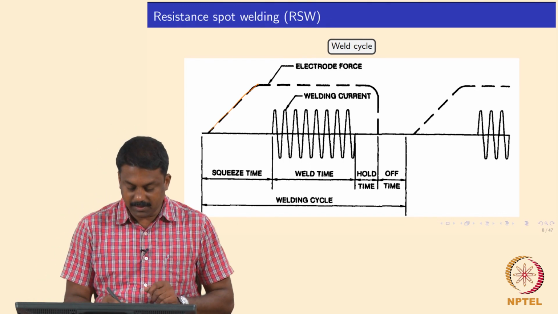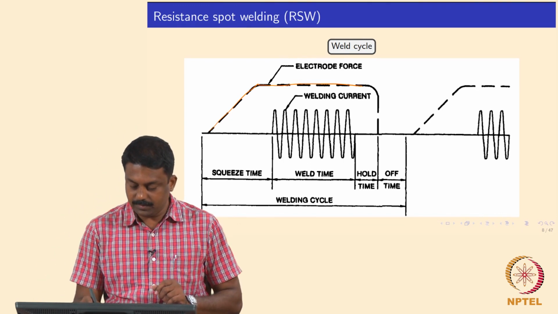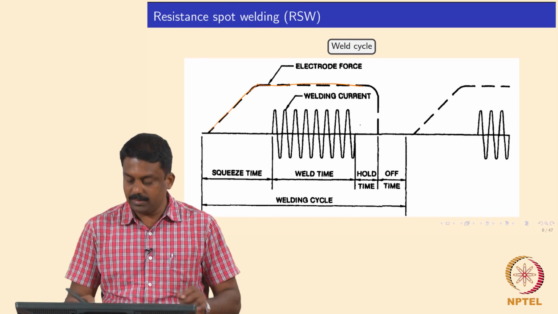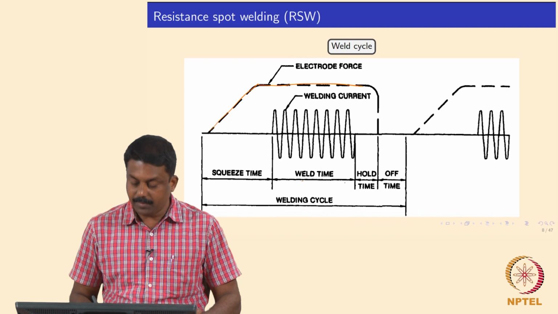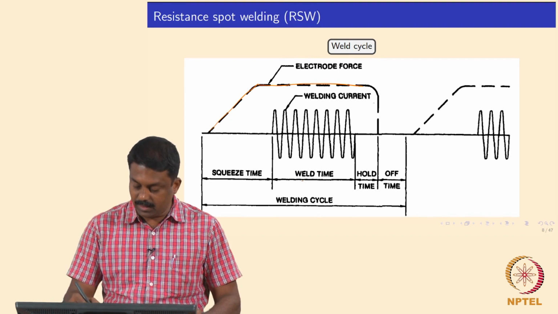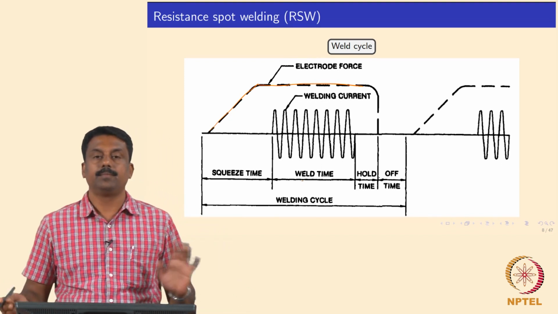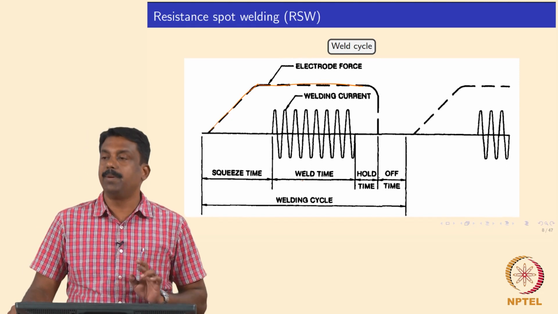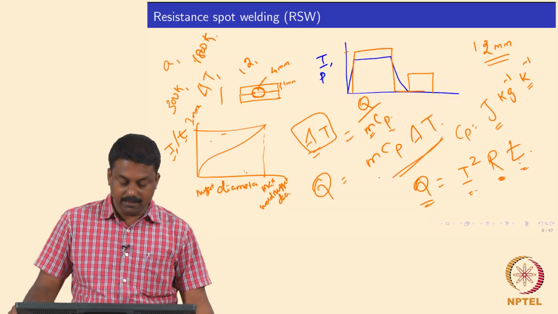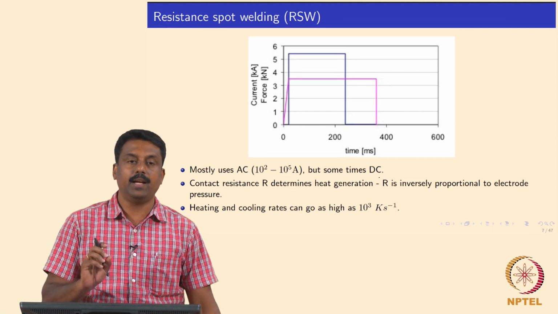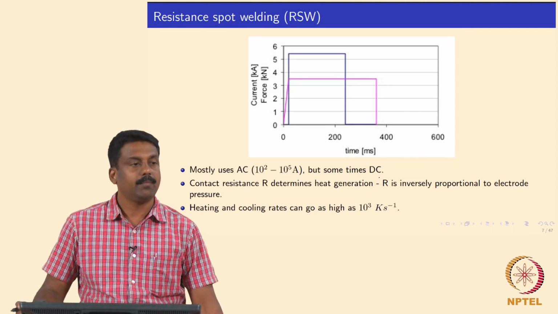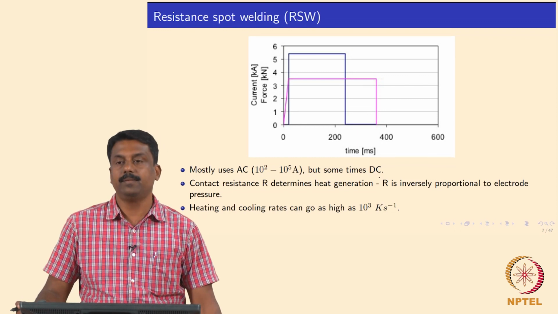During this process you keep the load constant, apply the welding current over a welding time, and then you switch off the current and release the load, that is it. This simple weld thermal cycle can give us the required current needed for generating a weld nugget diameter. It is clear.